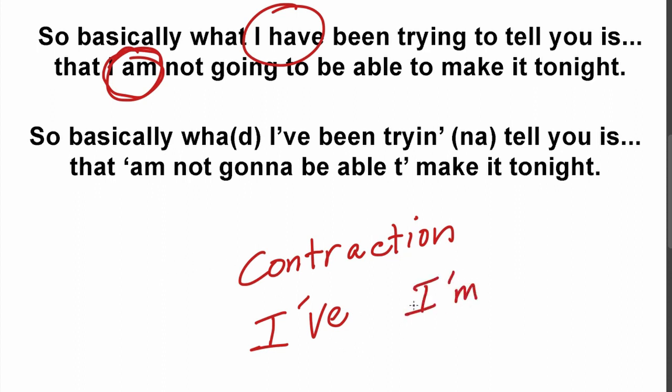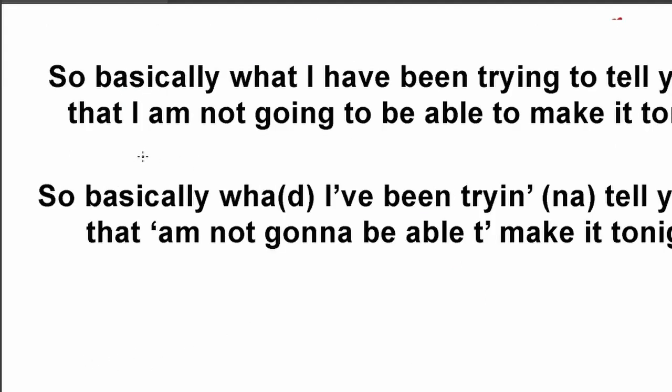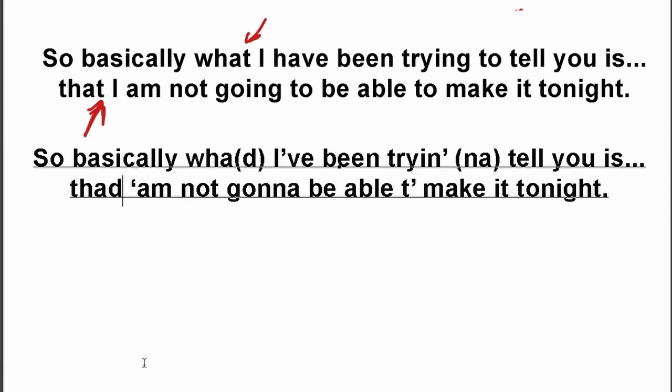And we could further reduce this I'm, and we could simply say, here we have this T, and the same thing we did here, we're going to do here. So I'm going to change this to that.